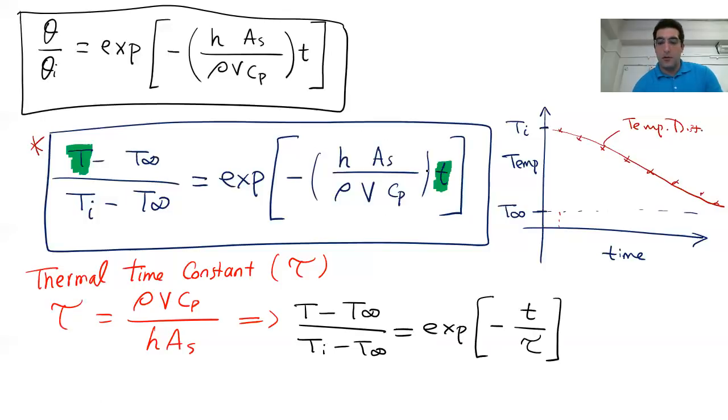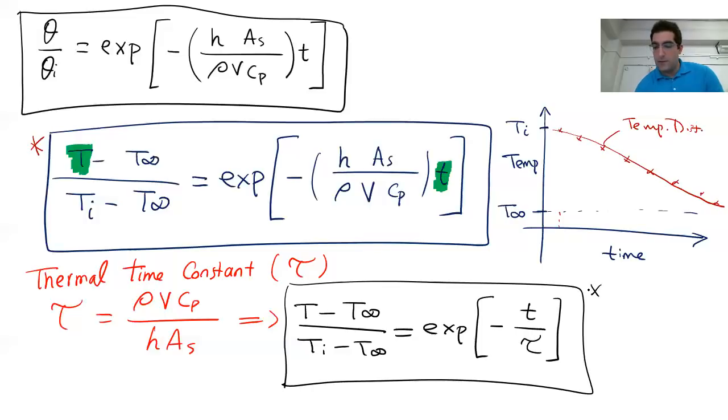So the whole thing here, hAs over rho Vc Cp, we can call it 1 over tau. So this can be another form of this equation. Same thing, we're just using a new variable, time variable. Sorry.